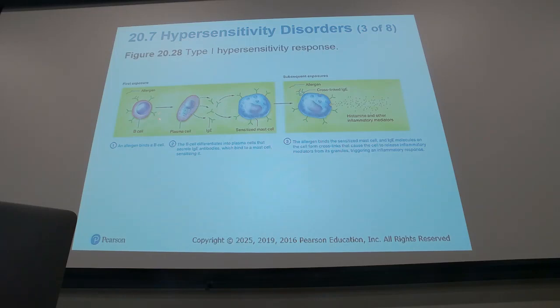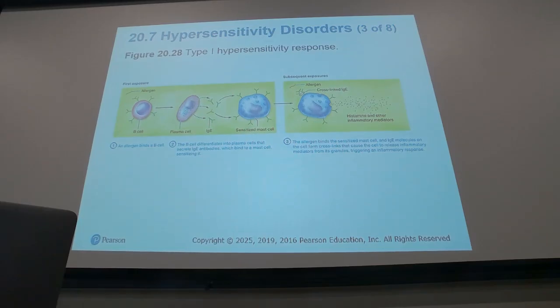These B cells become activated, secrete IgE that is going to sensitize these mast cells or these basophils, and then it's what I drew there on the board. So you cross-bridge these IgEs on these cells with an allergen, and then you degranulate. So you release histamine and inflammatory mediators.